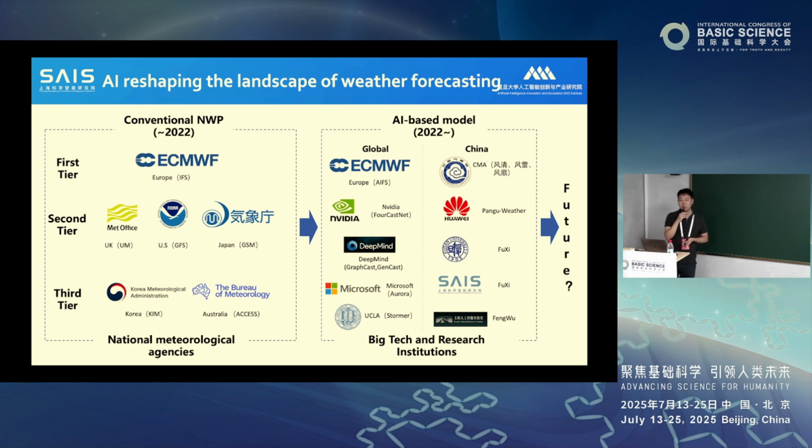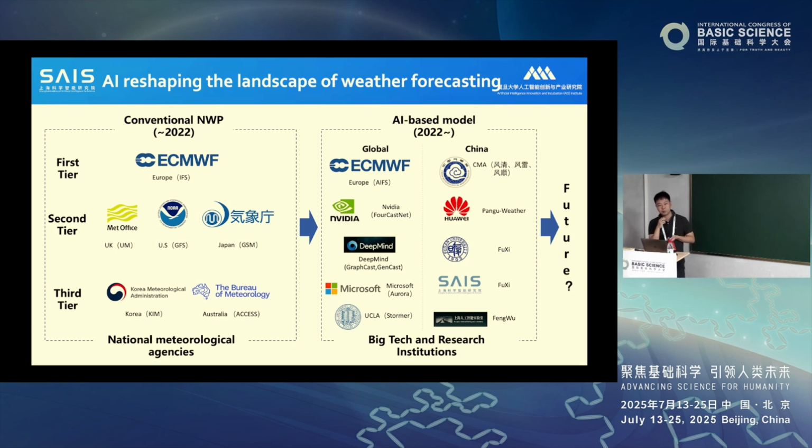AI is actually reshaping the global landscape of weather forecasting. Before the year 2022, all those conventional NWP models were developed and run by national meteorological agencies, because it's a very complicated system, and you need a lot of human power and computational resources to do this job.